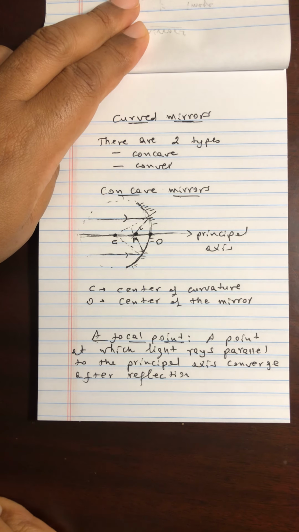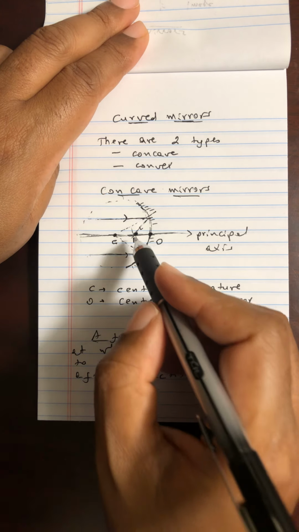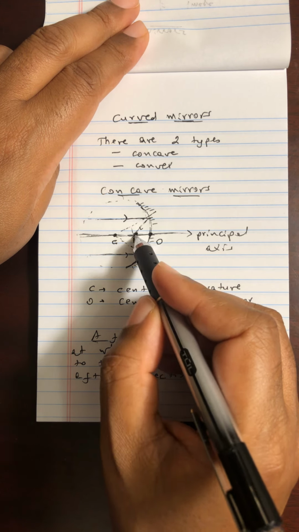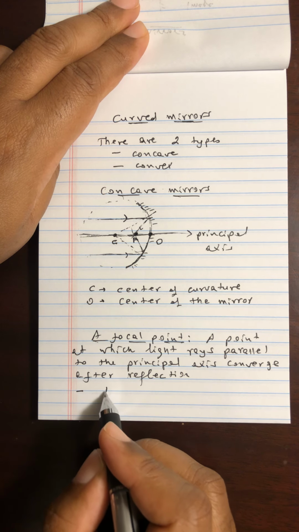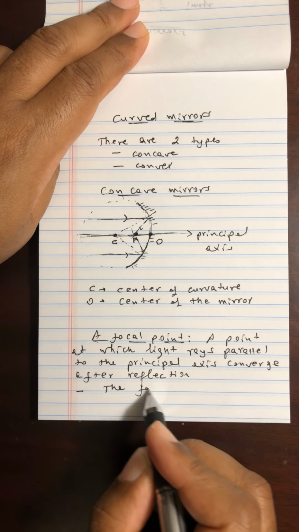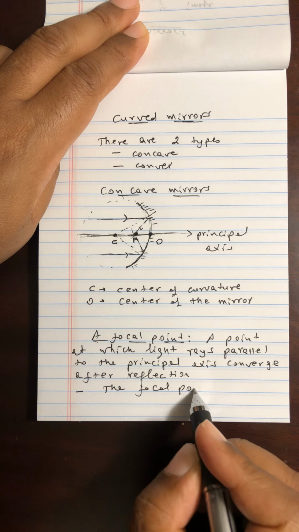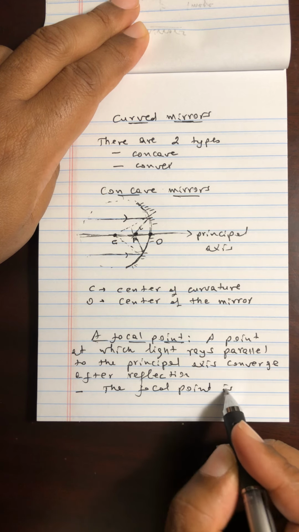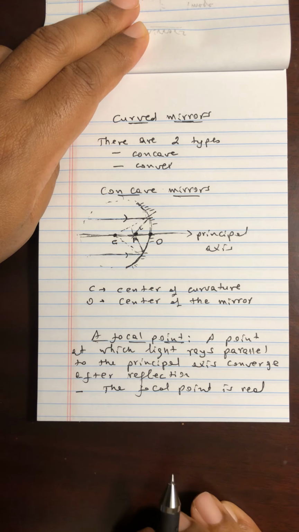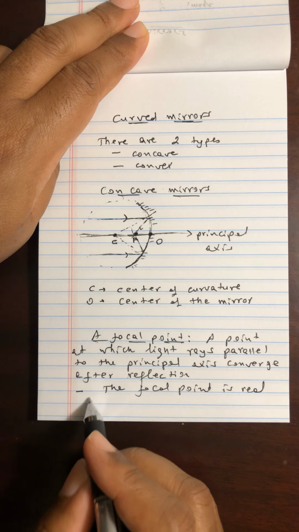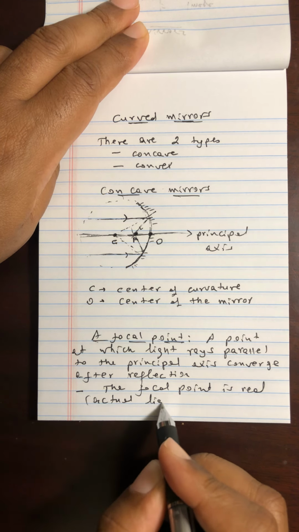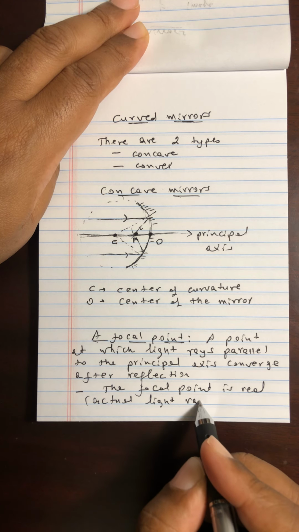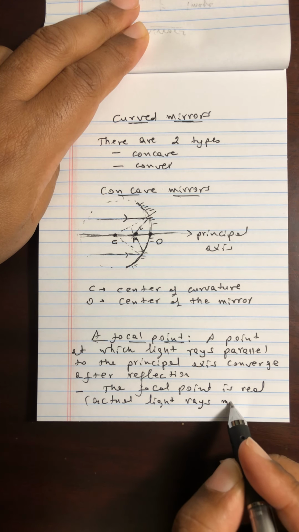All right, some properties of this focal point: the focal point is real, because we have actual light rays meeting at the point.